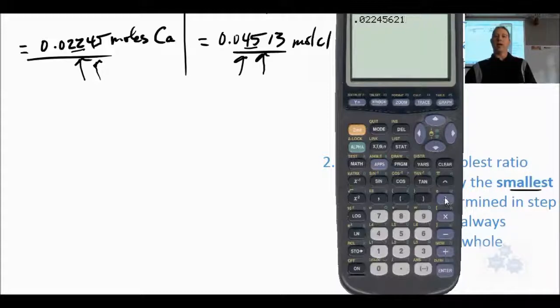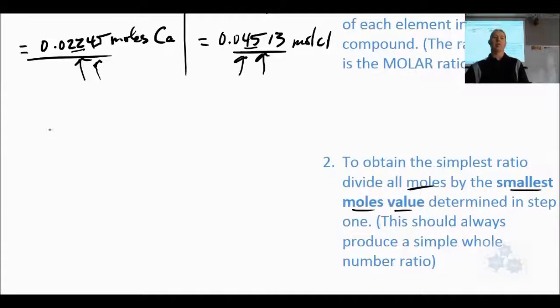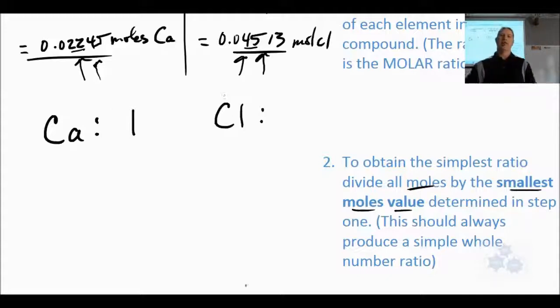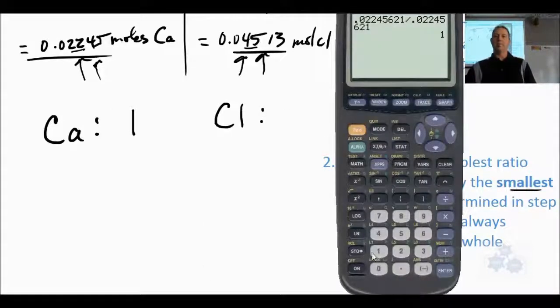Obviously that divided by itself is going to be 1, right? So Ca is going to be 1, and however you write this doesn't really matter. And for Cl, you go ahead and take 0.04513, and there may be more decimal places there, and we divide it by the first one.